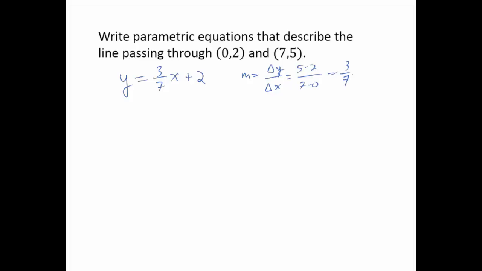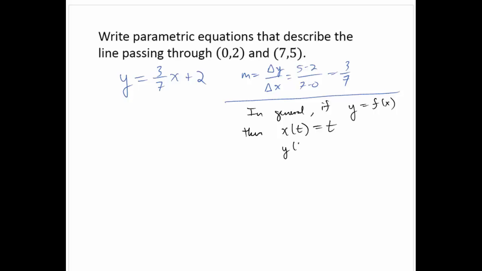But this isn't a parametric equation, this is a Cartesian equation. So, very important. In general, if we have y as a function of x, then we can write that x of t is simply t, and y of t is f of t.